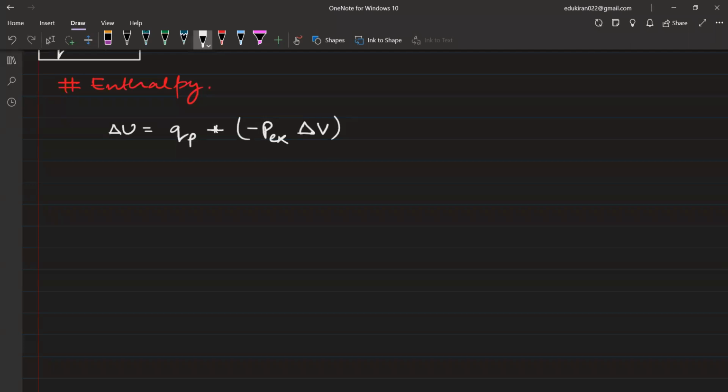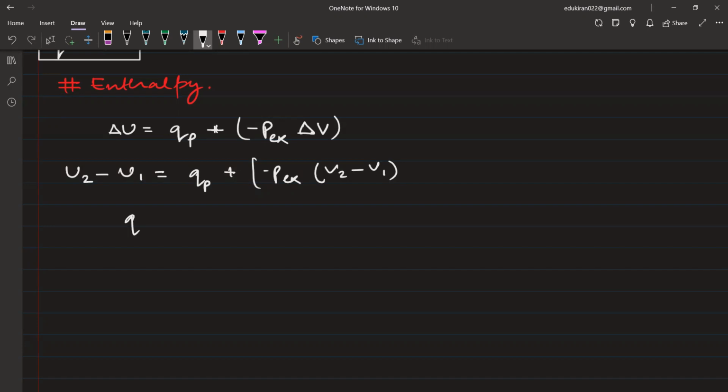Okay, now you can write what is delta U. It is U2 minus U1 which is equal to QP plus minus of P external into V2 minus V1.